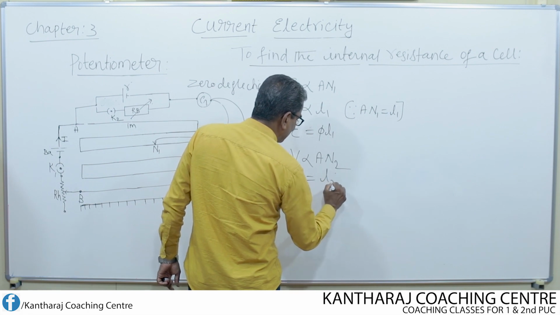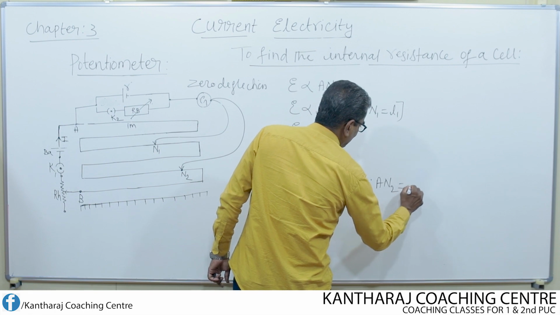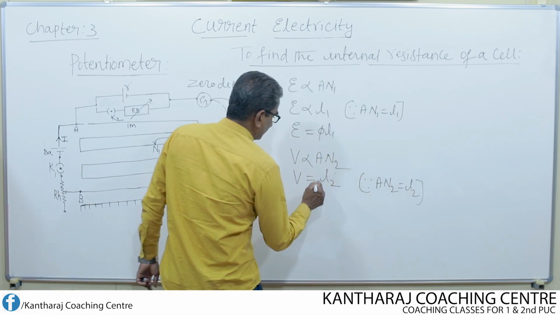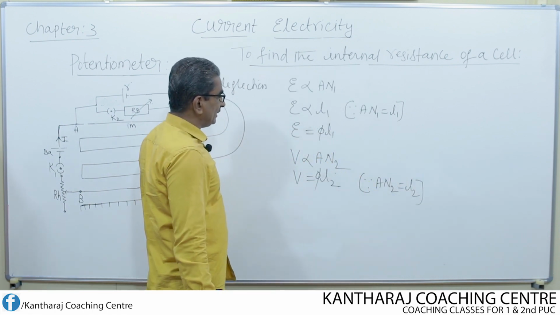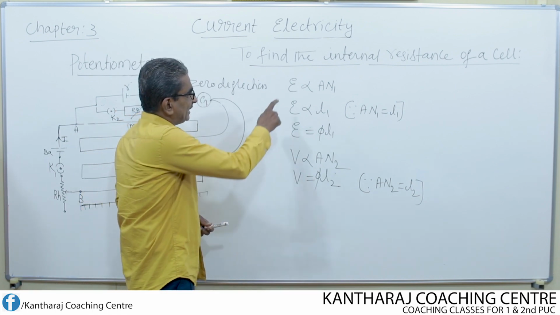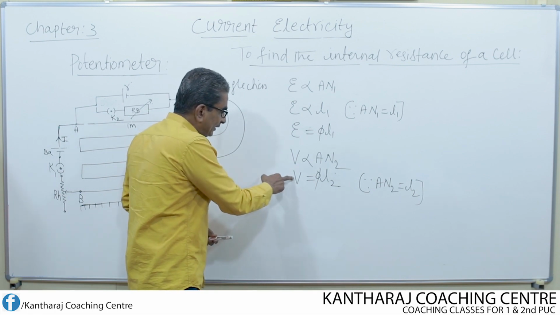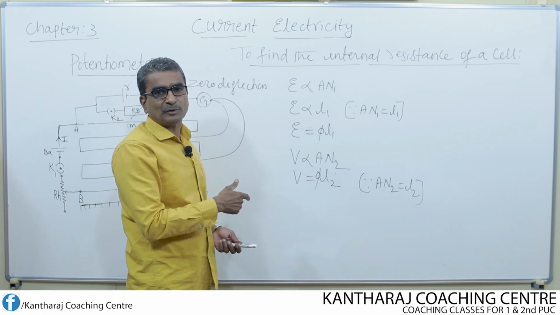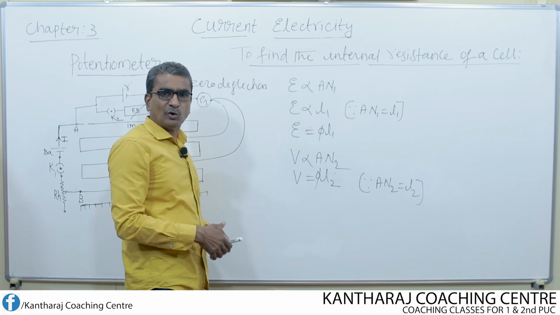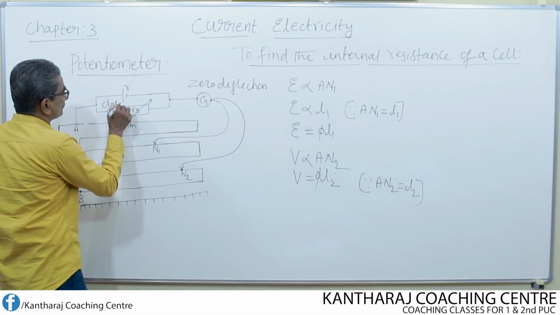AN2 is nothing but L2, so this can be written as V equal to phi into L2, where phi is the potential gradient. Here I used E because it is EMF, open circuit. Here I use V because it is the terminal potential difference, since the circuit is closed. That means K2 is also closed.